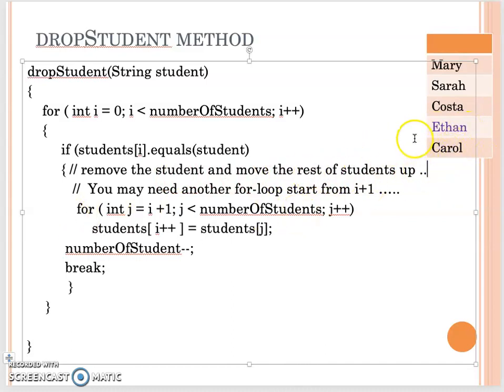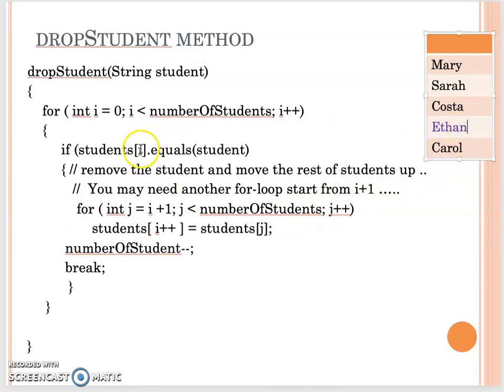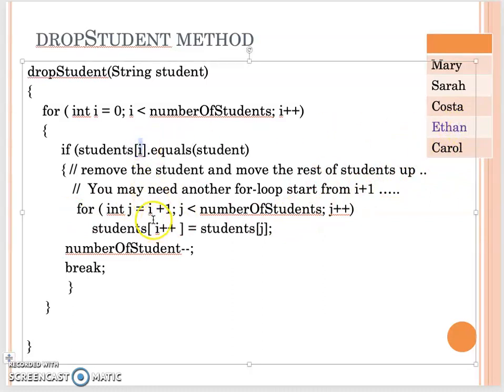So then here, since you find Ethan, right, you know the location I. So then actually it starts from I plus 1. The next student is J. So then J needs to overwrite to the I. So that's why here you see the student J, you need to overwrite to the I. So then afterward, your J needs to be incremented by 1.